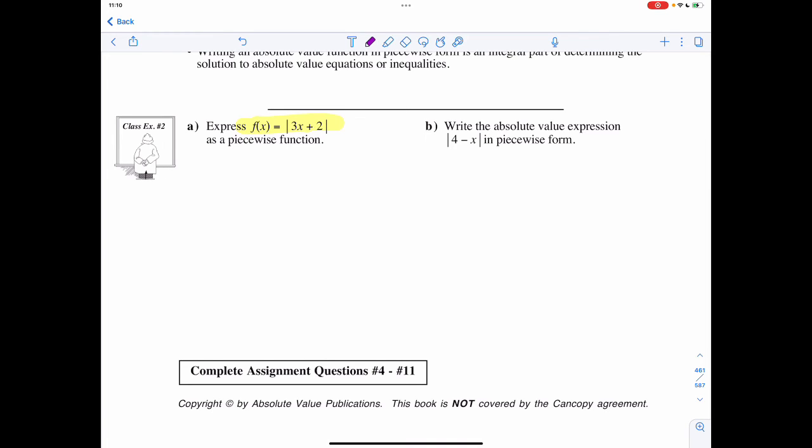And I could say that in this case, 3x plus 2, what's inside here, would equal 0, just like what we've done with any of our quadratics. 3x would equal -2, and x would equal -2 over 3.